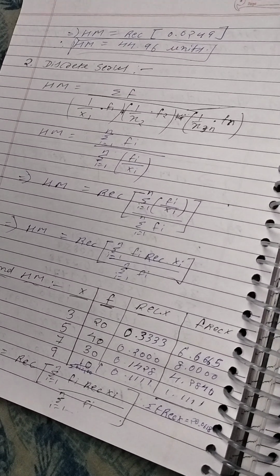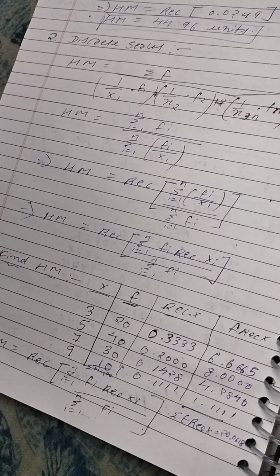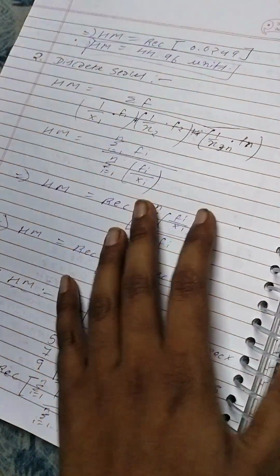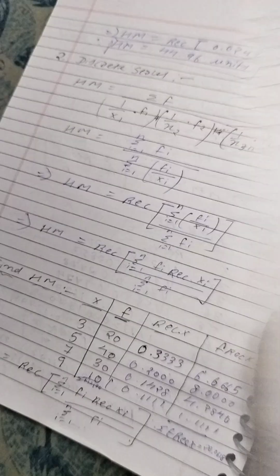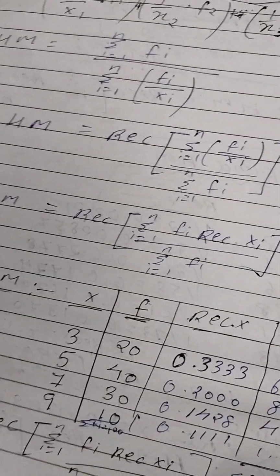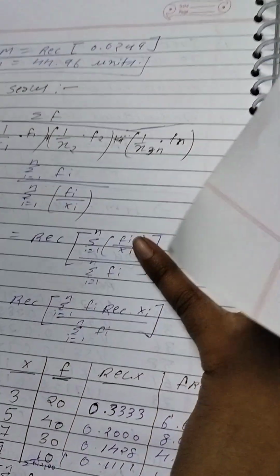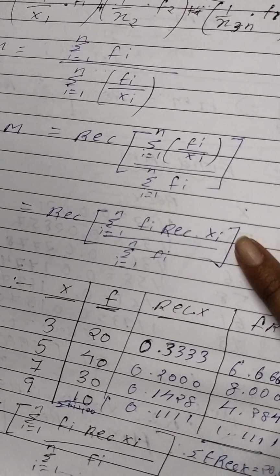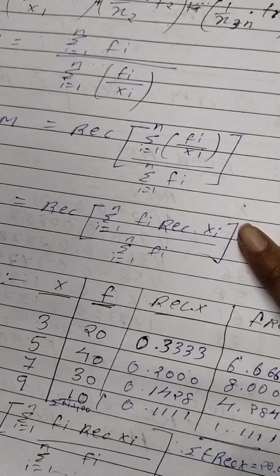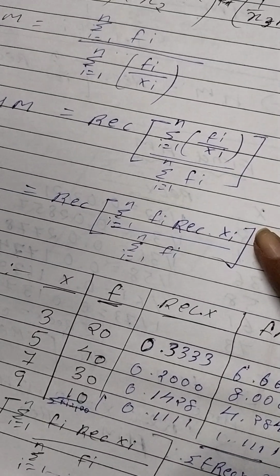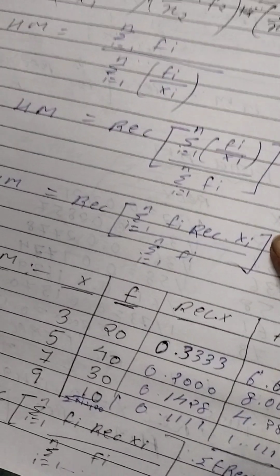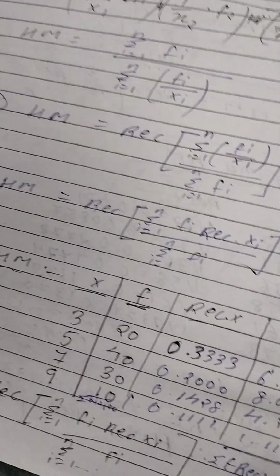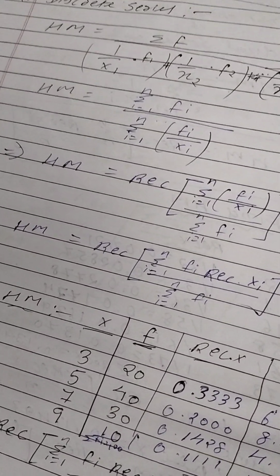But when you take the reciprocal of the outer portion of the formula, it reverses, and then when you reciprocate the inner formula, you can write fi by xi, or say xi by fi. So you can write it like this, the reciprocal of the summation of xi by fi. Okay, and this is all about the discrete series.